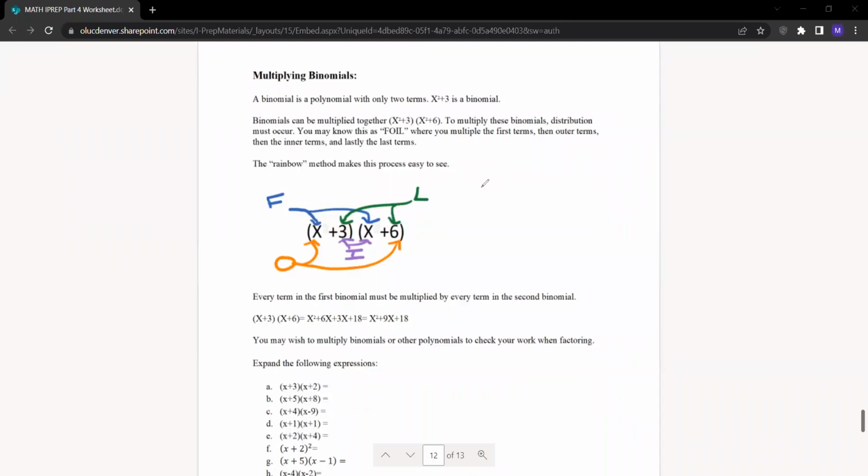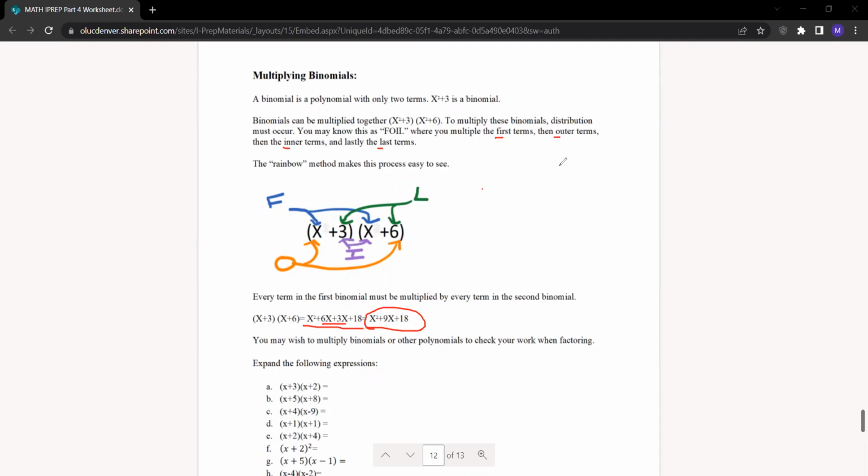FOIL stands for first, outer, inner, and last. So we do x times x, then x times 6, then 3 times x, and then 3 times 6. When we do all that, we get these 4 answers. We combine our like terms, and we get a final answer of x squared plus 9x plus 18.